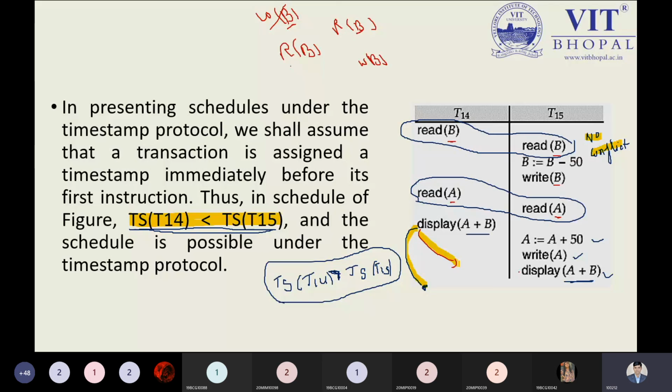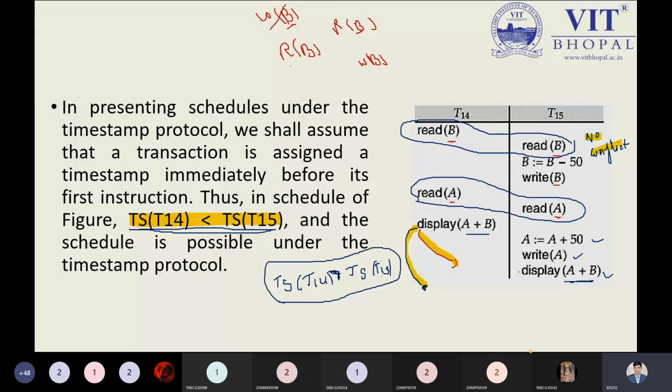That is the reason. Now, A equal to A plus B in T15, you can take up, but display A plus B in T14 you have to write last, after T14. You can't take it before T14, else the order will change.